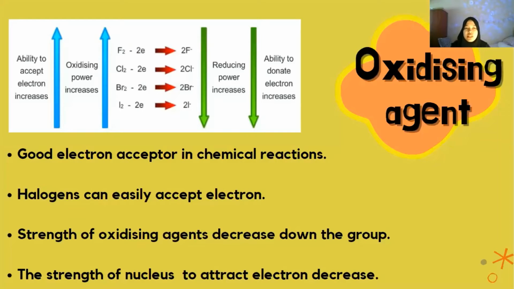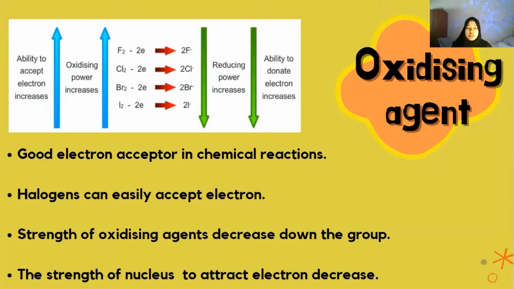Next, oxidizing agents. Oxidizing agents are atoms that gain electrons and are reduced in chemical reactions. As I mentioned before, the reactivity of halogens decreases down the group, so the oxidizing power of group 17 also decreases.